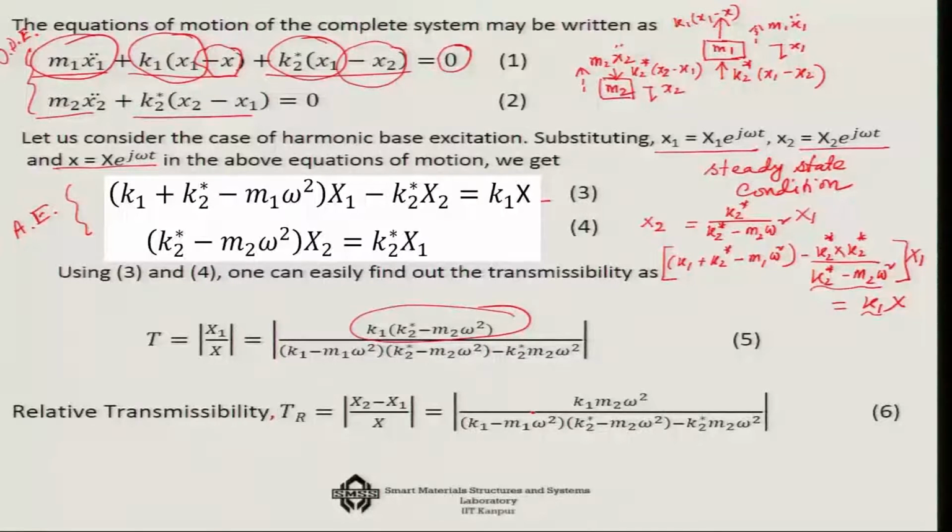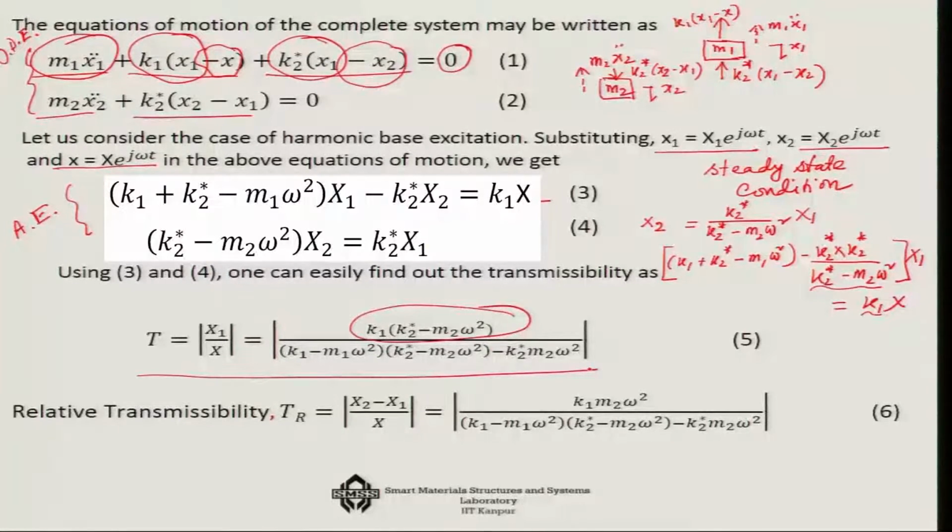You will get the K2 star minus M2 omega square term here, and you will have the K1 minus M1 omega square term here. All these things, after the algebraic manipulations, will give you the final transmissibility function in this particular form.